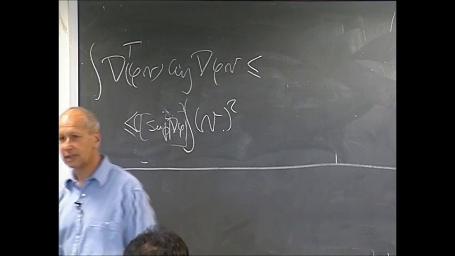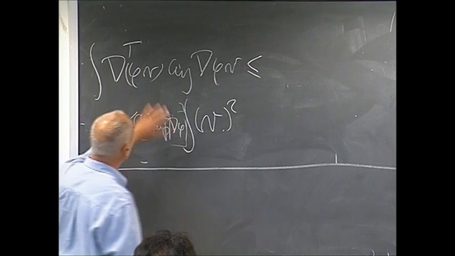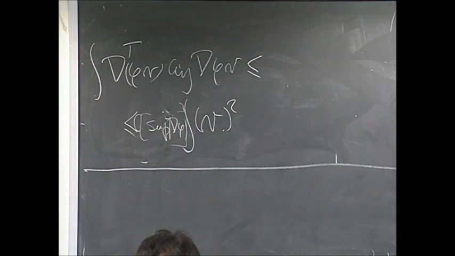Unless I specify, all the inequalities are up to a constant. Unless I say the number there is exactly 1, which I don't think I will ever say, all the inequalities are up to a constant. Okay? So this is the energy inequality. The energy inequality is 2, 2, while the Sobolev inequality is 2, p.